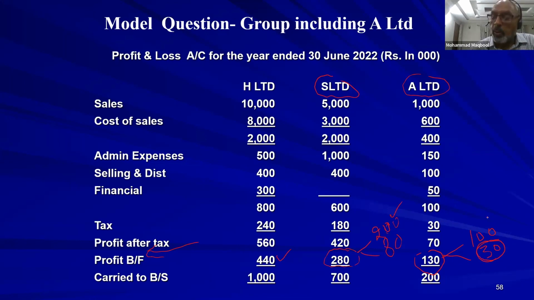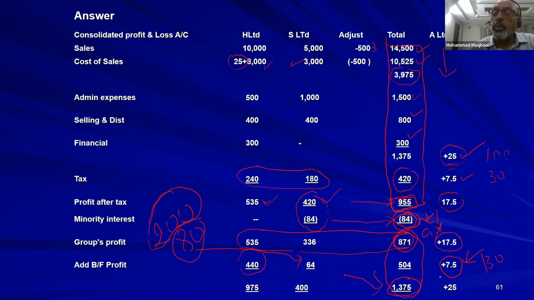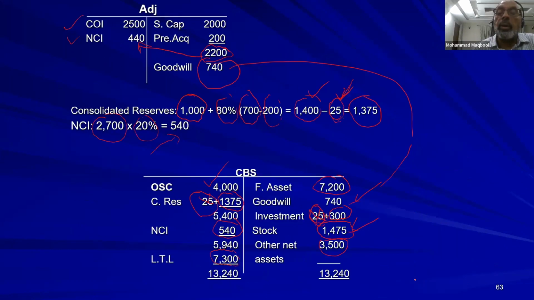So this is 30, 25% of that comes to 7.5. So I added that. In this way, you can see this is 1375 plus 25 that I was showing in the balance sheet. So that 25 is making the double entry: one, adjusting the reserve, like 1375 plus the reserve 25, and second, the investment is getting affected with that 25. So this is the way you produce that.